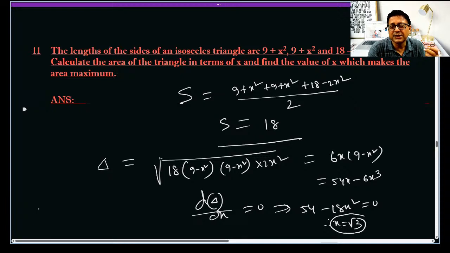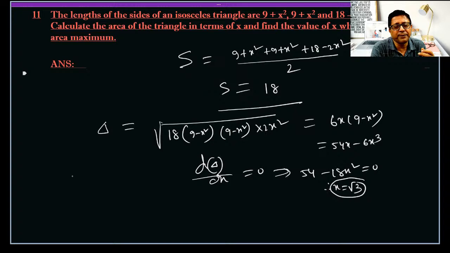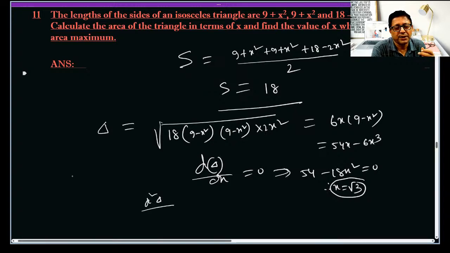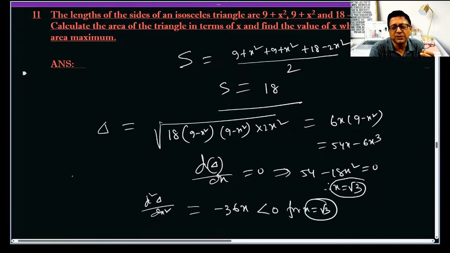In my calculation it's coming root 3. Find the second order derivative. This will be equal to minus 36x, less than 0 for x equal to root 3. They asked only maximum, no? So for x equal to root 3, it is maximum.